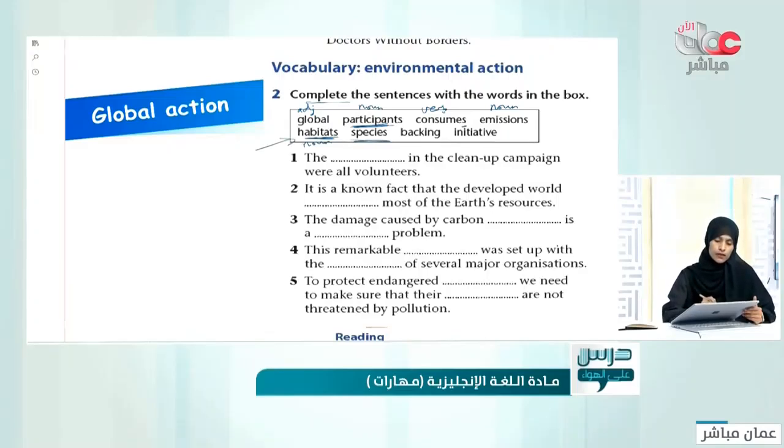Okay, so I'll write the meaning here. Places where animals live. And species are kinds of animals, or you can say types. It doesn't have to be animals, by the way, species. It could be even insects. Okay, so backing means support.